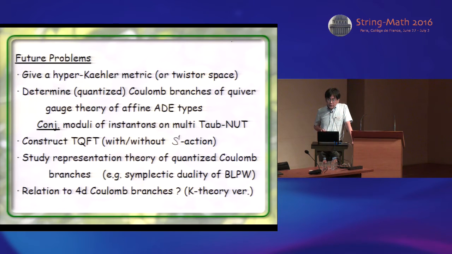One interesting point in this study of representation theory is the so-called symplectic duality proposed by Braden, Licata, Proudfoot, and Webster. That is a relation between the quantized Coulomb branch and the quantized Higgs branch.